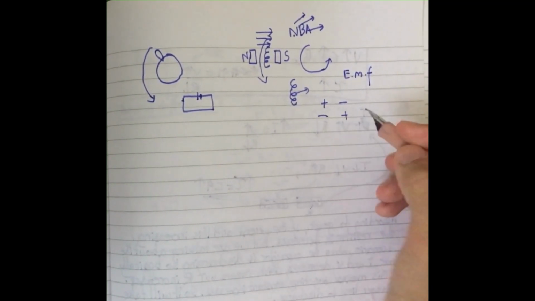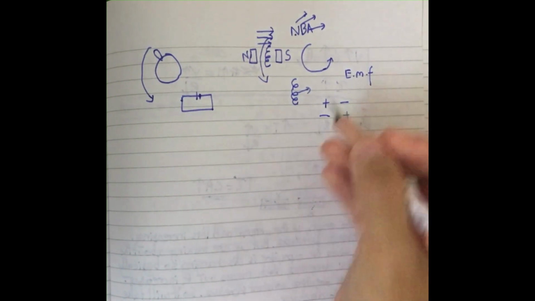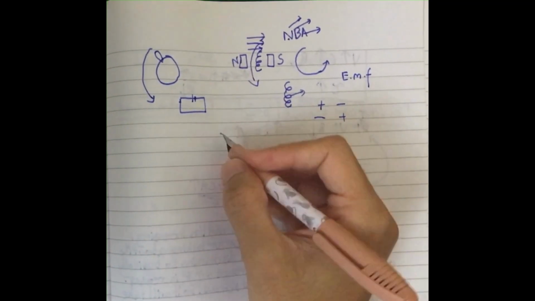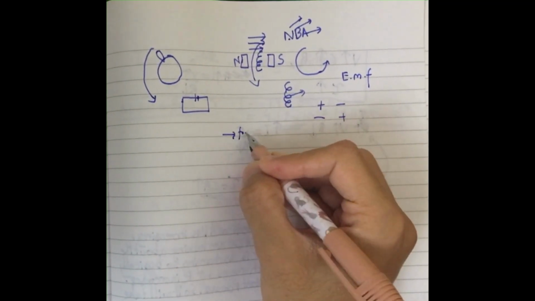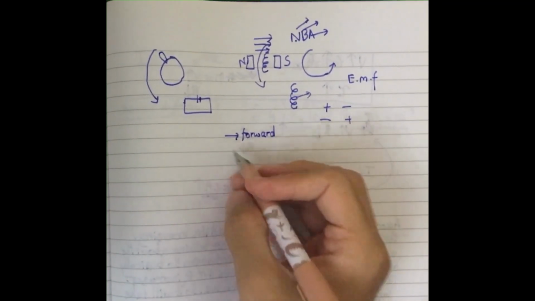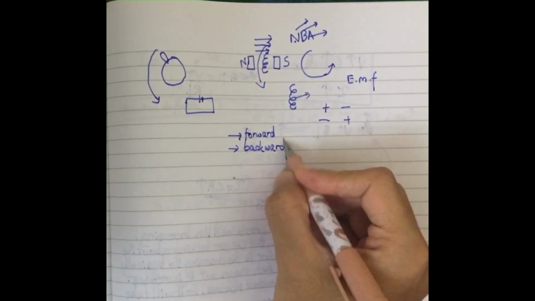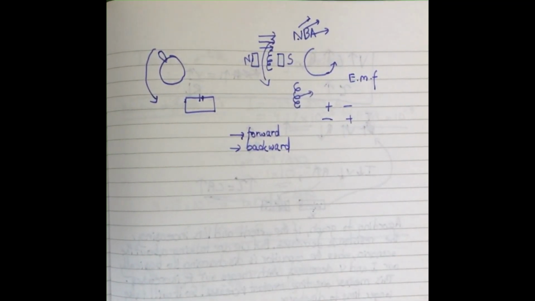So the polarity of the circuit keeps changing. One will be forward bias, and one will be backward bias.